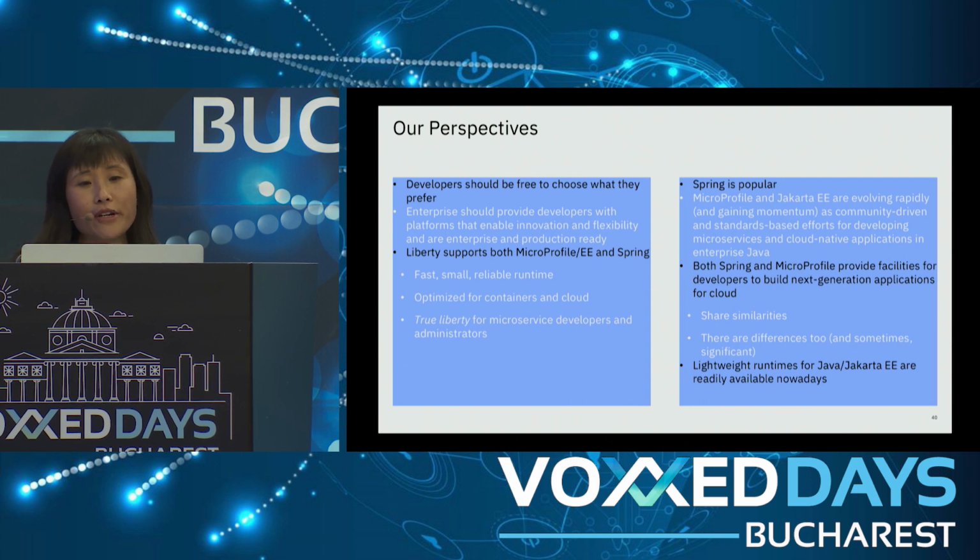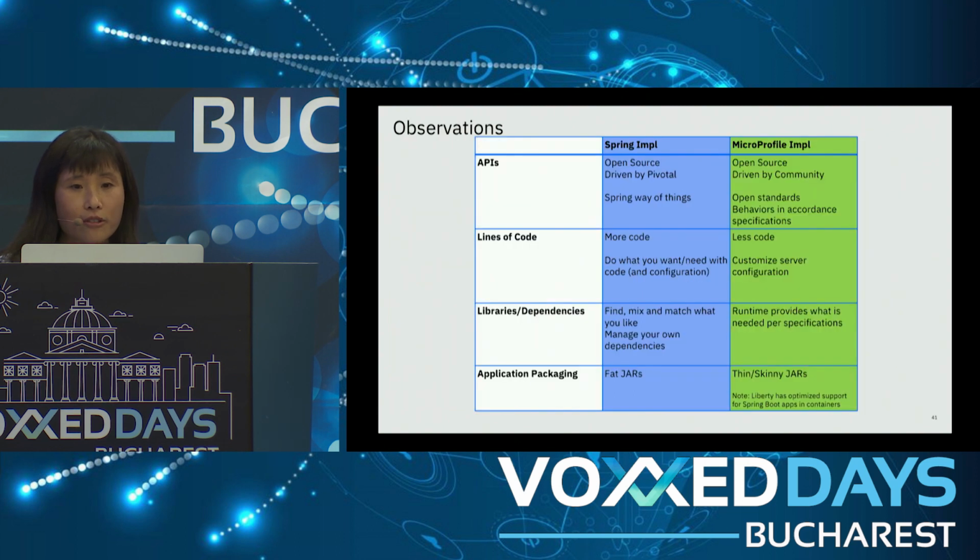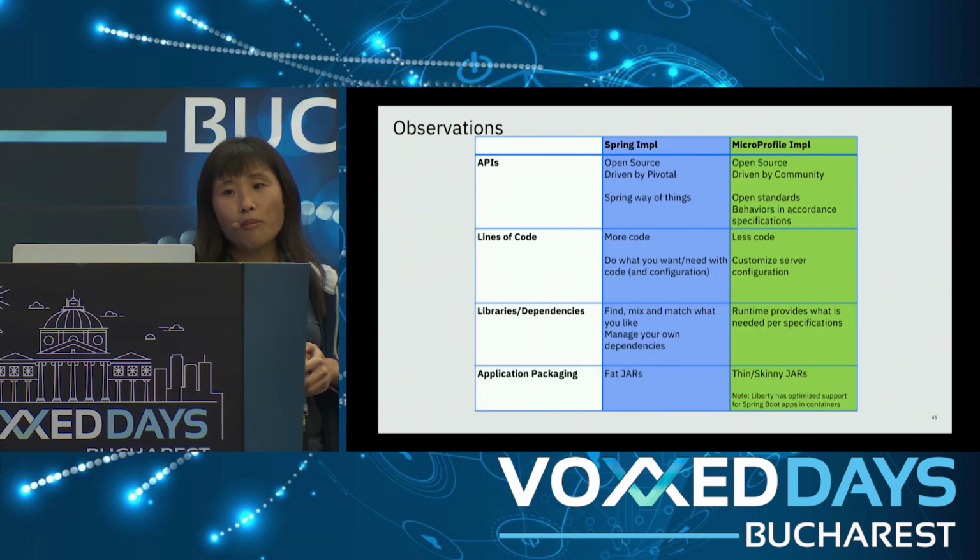They are complementary to each other and evolve very fast. Spring and MicroProfile are comparable, so it's really, really cool. MicroProfile and Jakarta EE are quite lightweight, and it's a de facto standard. So here is the observation.